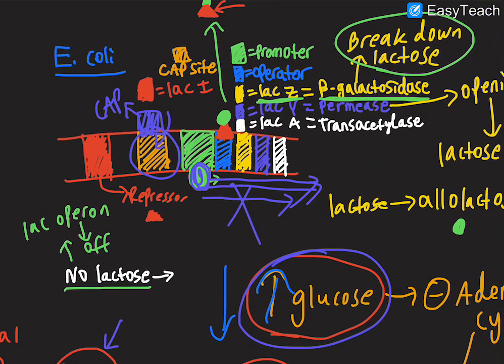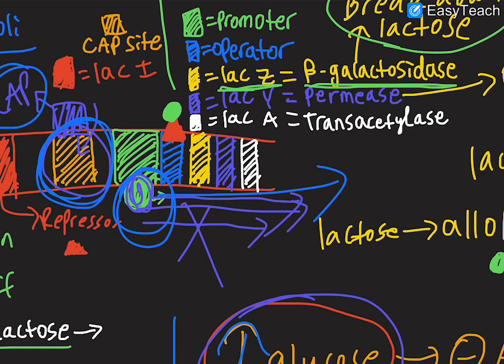A lot of cap proteins means we're going to have a bunch of cap proteins available to bind to the cap site. The more the cap proteins bind to the cap site, the more this Lac operon is turned on. So the more cap proteins bind to the cap site, that means RNA polymerase will want to transcribe these genes even more strongly.